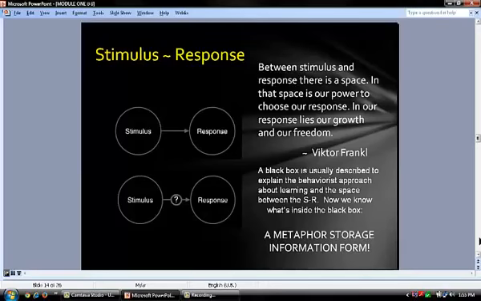However, that unknown factor between the stimulus and the response is now known to be filled with subconscious images, and those unconscious images influence our thoughts and our feelings, consequently our reactions. So simply put, the dog is the stimulus, the reaction is the response, and the black box in between contains the unconscious pictures that directly influence how we think, feel, and react.